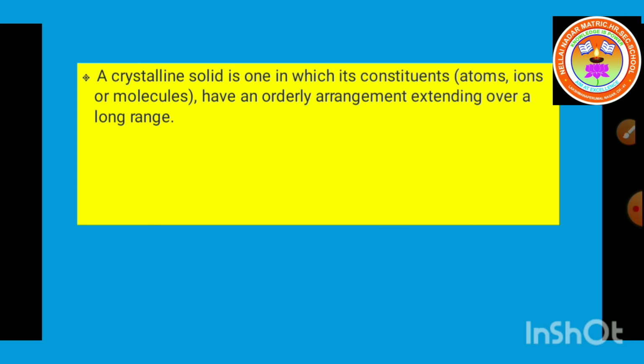See here, this is the crystalline solid explanation. A crystalline solid is one in which its constituents, what are the constituents here? That is atoms, ions or molecules. How are they arranged? They have an orderly arrangement expanding over a long range.